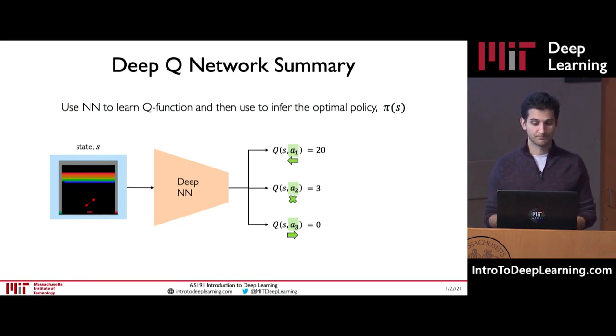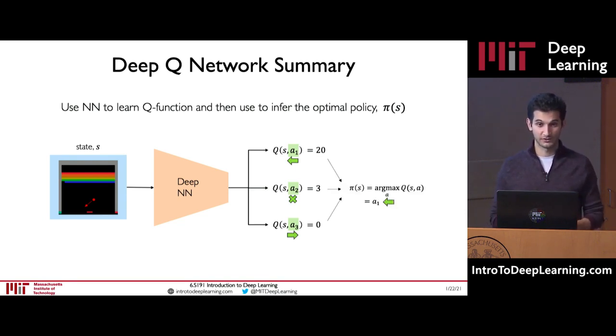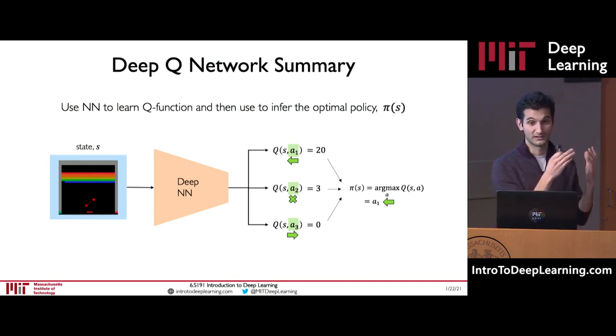So our neural network is able to output these 3 different Q values. We can compute our policy, which is the best action that we want to take in this given state, by simply looking at our 3 Q values and seeing which is the highest. In this case, it's 20, which corresponds to the Q value of action number 1, the action of going left.